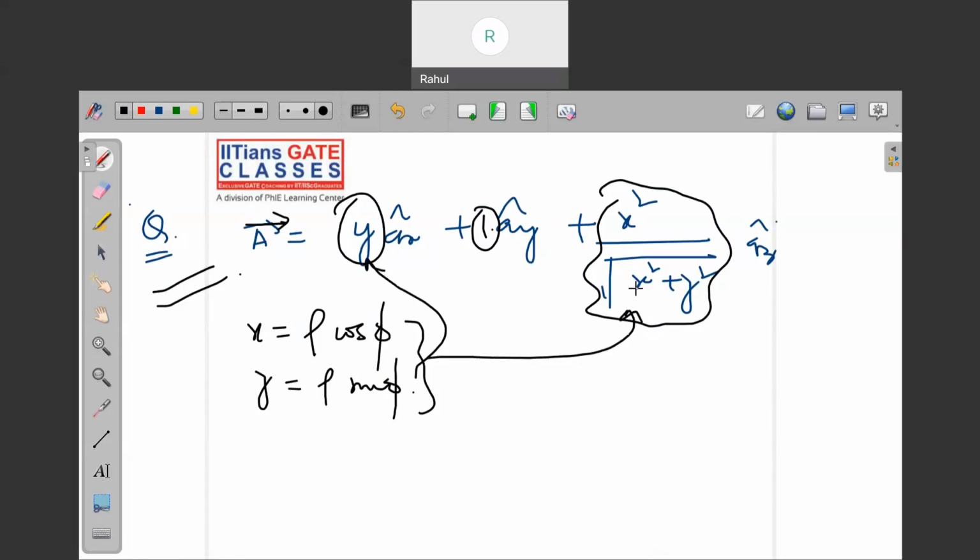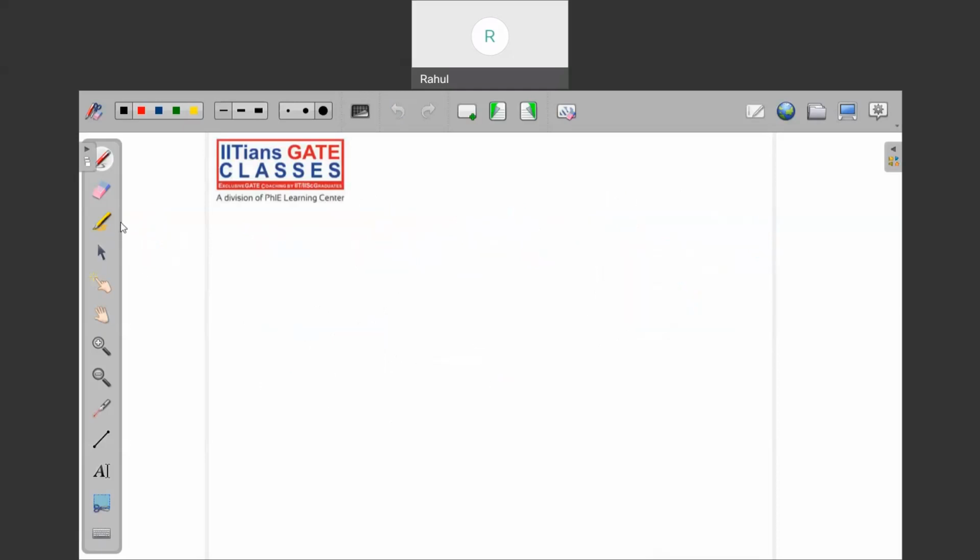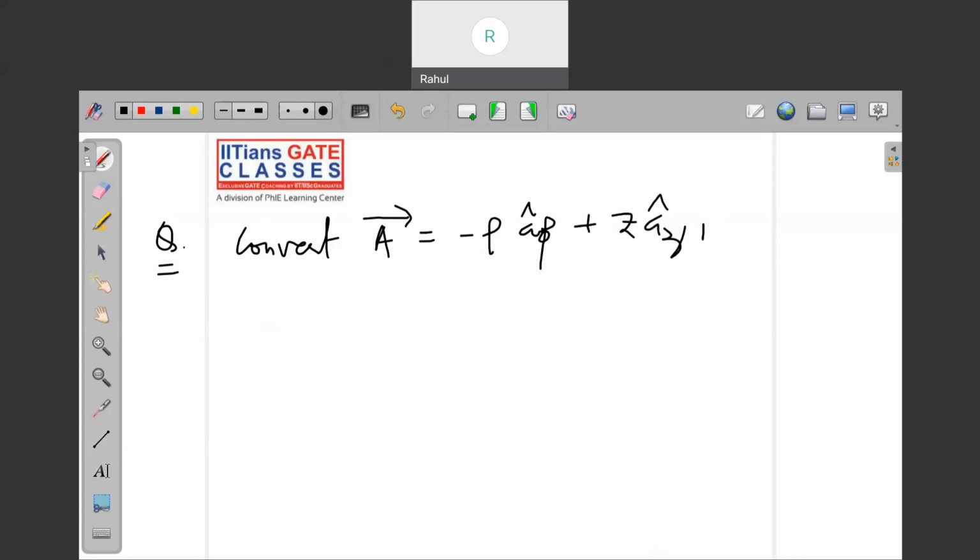Now let us take one problem where cylindrical to Cartesian is asked. In the question they have asked to convert any cylindrical coordinates vector, the vector representation given in cylindrical, that is minus rho A phi cap plus z Az cap, into Cartesian.